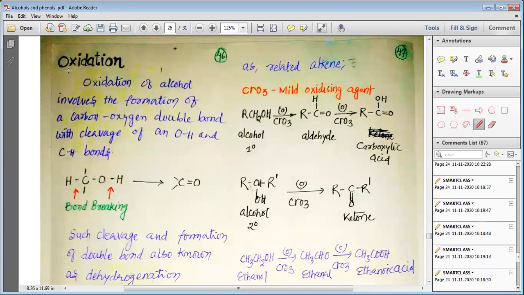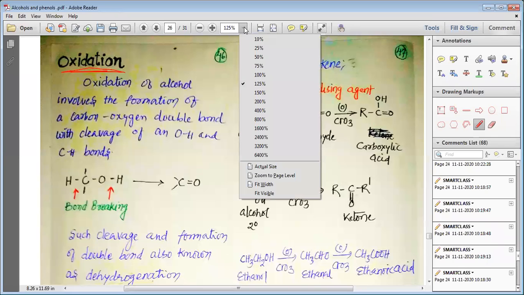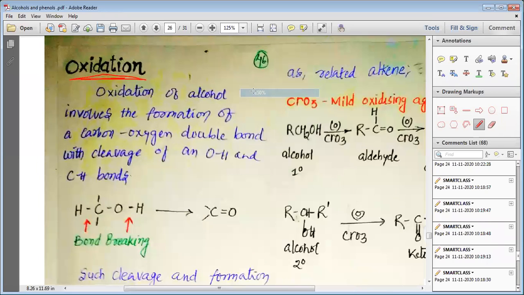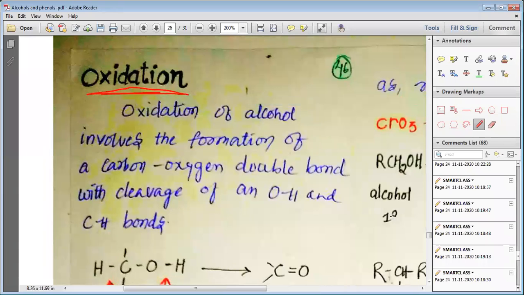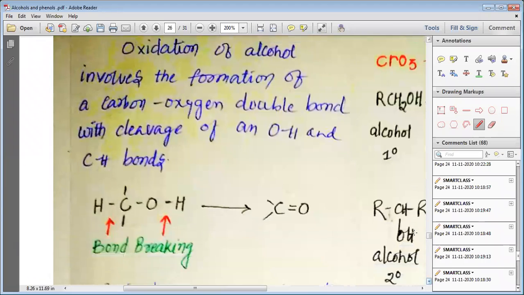Now, my dear students, we are going to study the oxidation of alcohols. So let's move to the next topic. Oxidation of alcohol involves the formation of a carbon-oxygen double bond with cleavage of an O-H and a C-H bond. Please remember, my dear students, that when we oxidize any alcohol, it is oxidized by breaking two bonds.